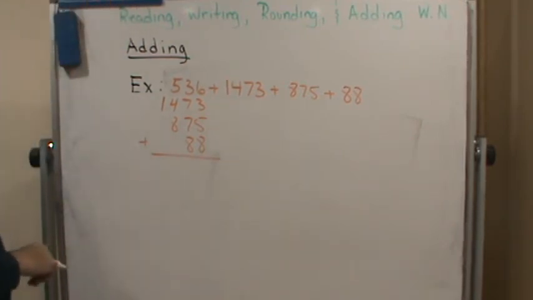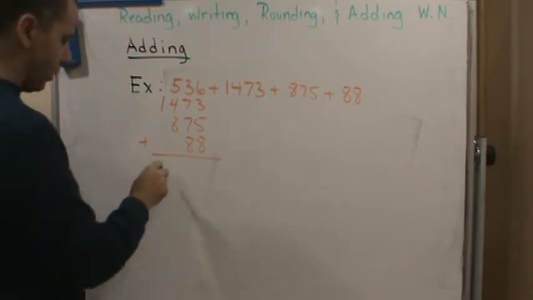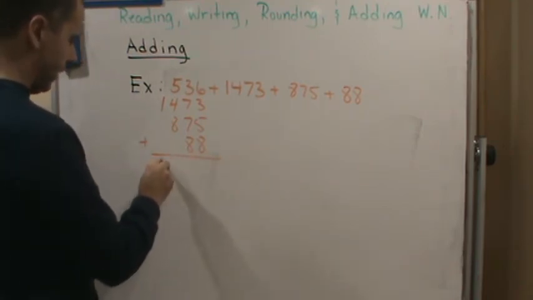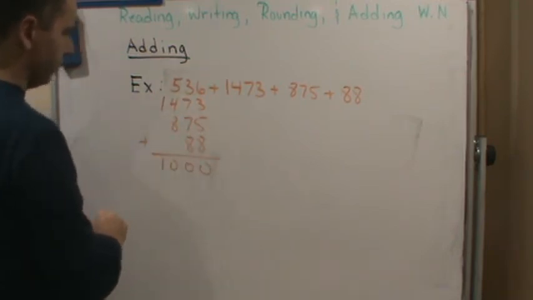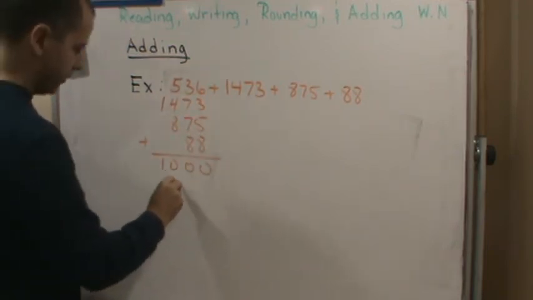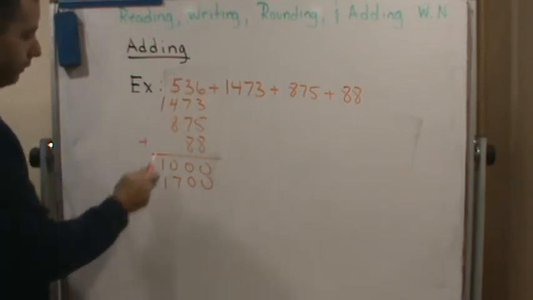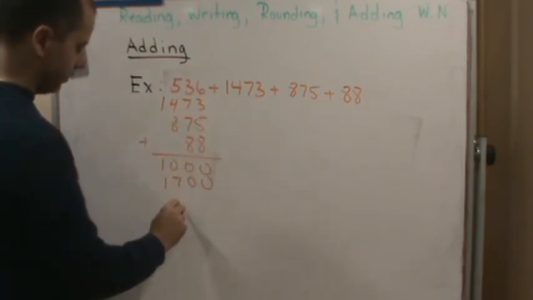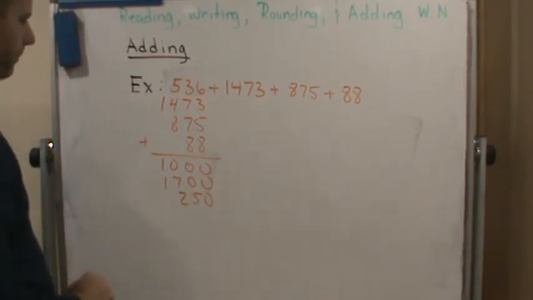Okay, and so now, again, you could add left to right. And so I could do it left to right and just add 1,000, right? And this would be equal to 1,700. And these are going to equal what? 250, right? 250.